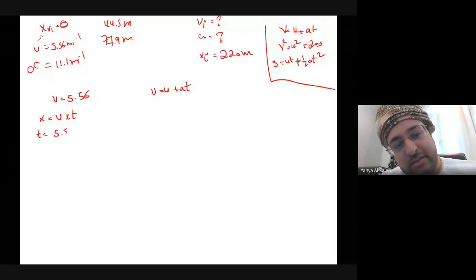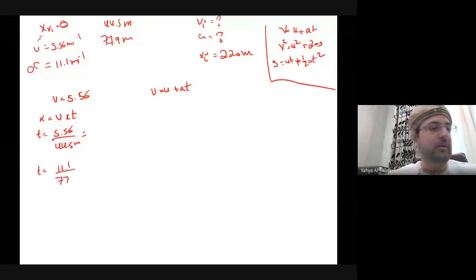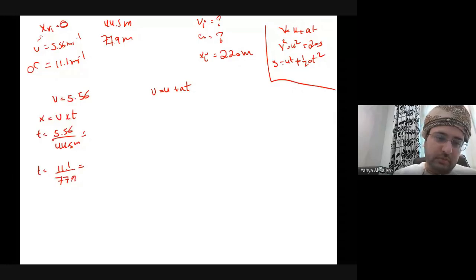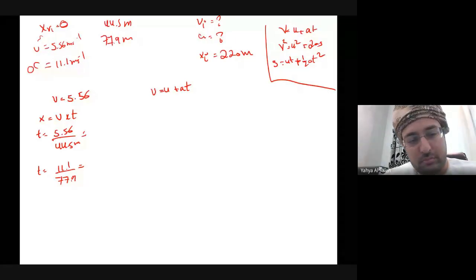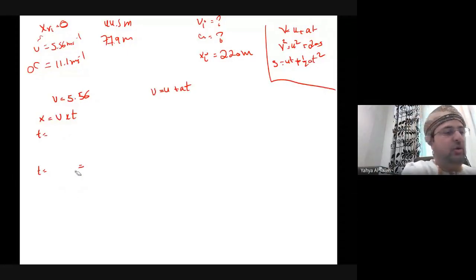distance over velocity, which is 44.5 meters over 5.56, or 77.9 over 11.1. Wait, did I do something wrong? It's x over v, right? Not v over x. I made a mistake and nobody warned me, guys.